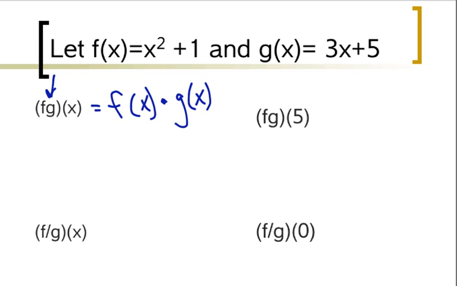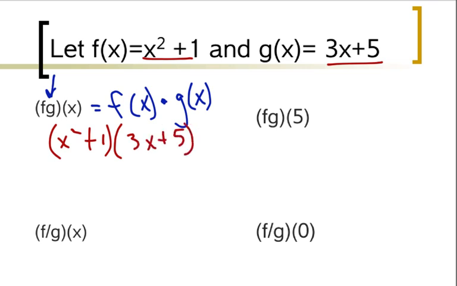So notice we have the same equations up top. We take my x squared plus 1 and you times it by your 3x plus 5. Okay? And then we actually have to FOIL this and multiply it out. So I take my x squared, times it by my 3x, and I'll get 3x to the third.